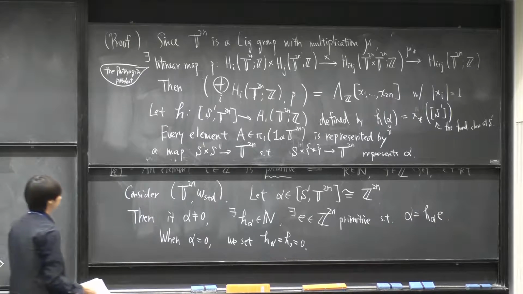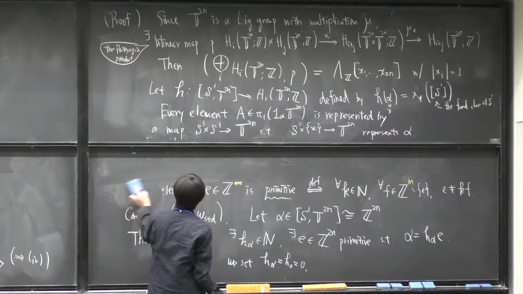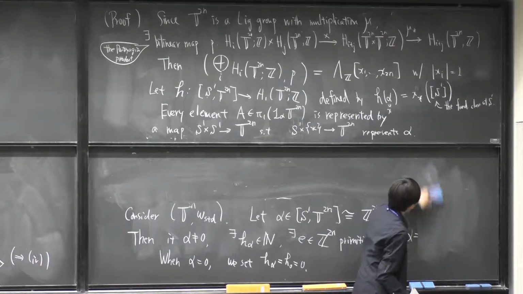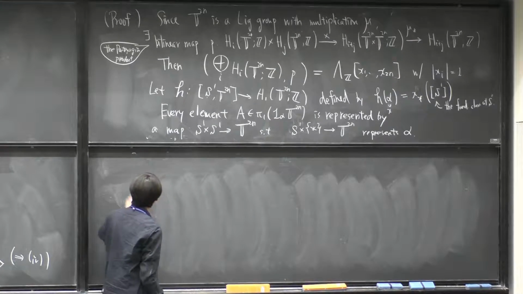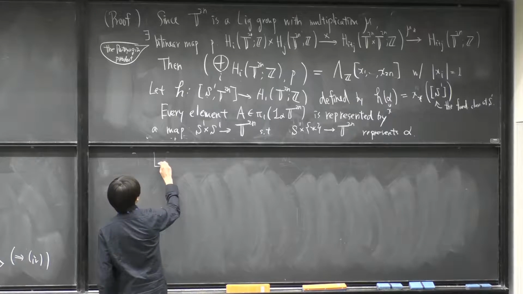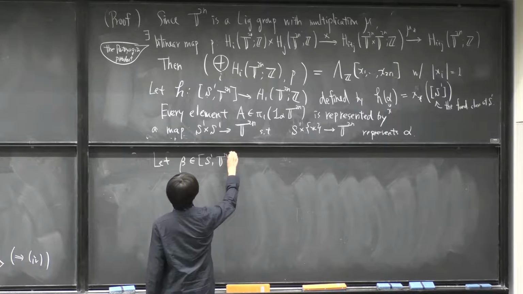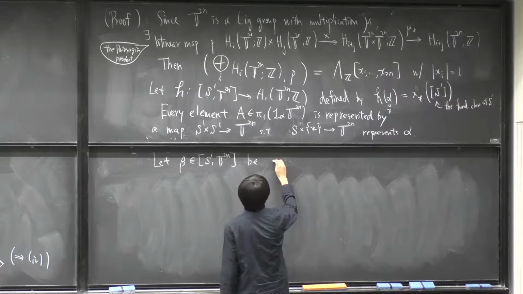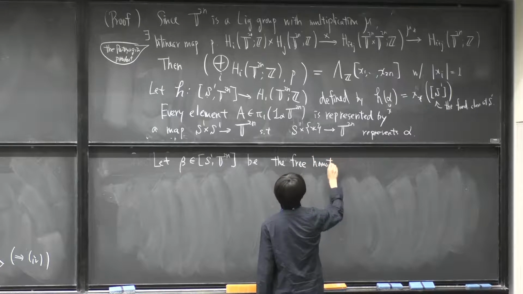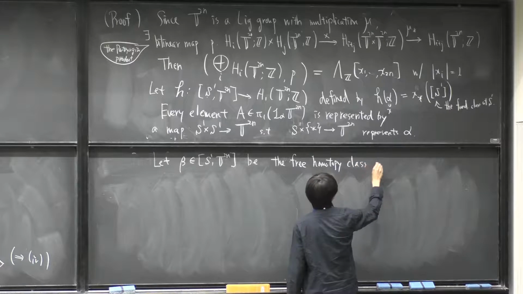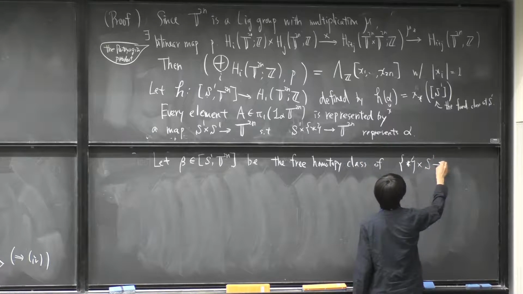And let beta be the free homotopy class of the second restriction, the restriction to the second component.